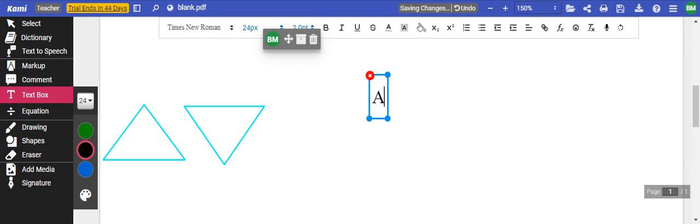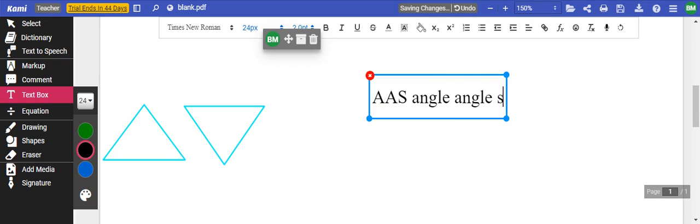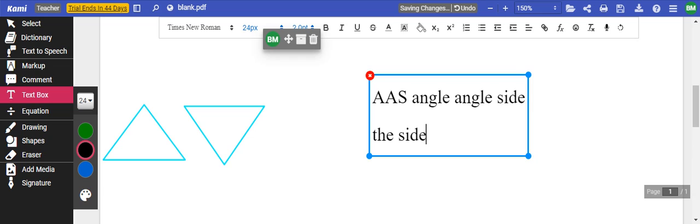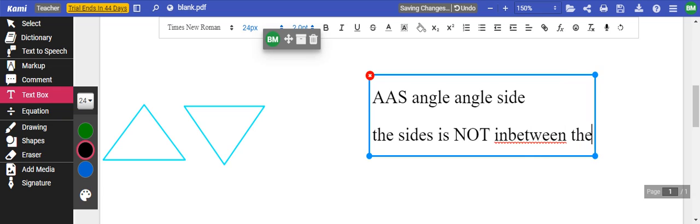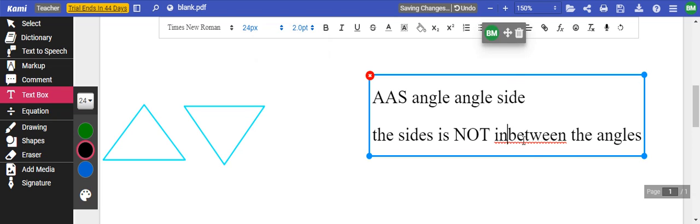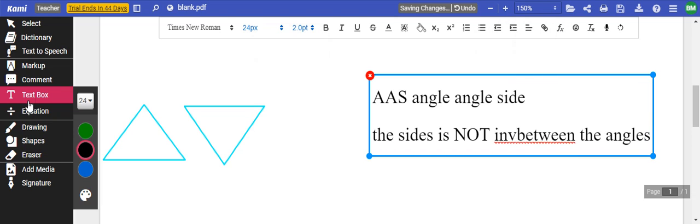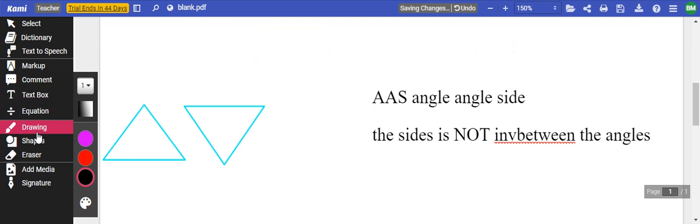Okay, the other one we're going to talk about is angle, angle, side. So we've got AAS, or angle, angle, side. The side is not in between the angles. Here we've got angles that match.